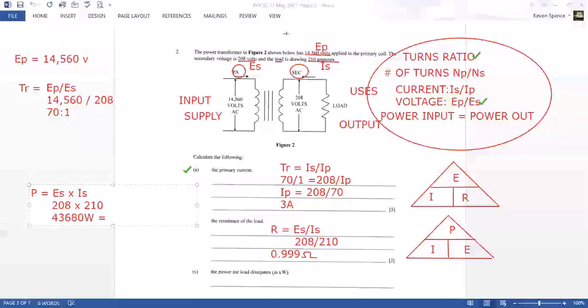43,680. Okay, now this is given in watts. We must now change this to kilowatts.